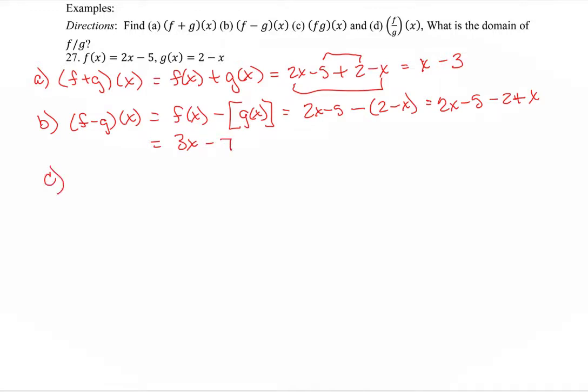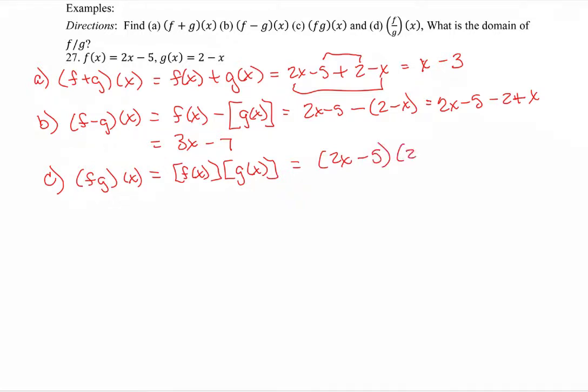Part C, we have fg of x. Well, this means f of x times g of x. So that means 2x minus 5 times 2 minus x, which is, now I'm going to use distributive property.